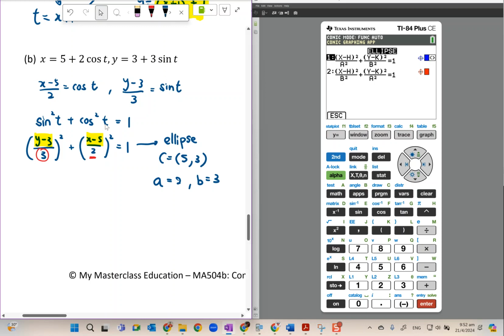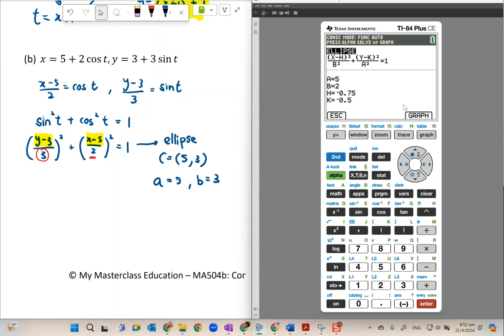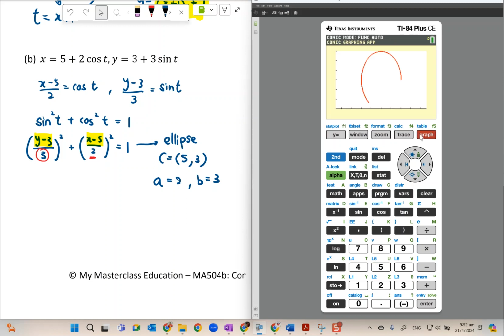But if the denominator of the y is bigger than the denominator of x, I have to choose the second one here, which is a tall ellipse. Now I press enter. My a, what is a? The denominator of y, so it's 3, it's not 9. So it's 3, and my b is the denominator of the x, which is 2. My h is the center, 5, and then the k is 3, and then when I press graph, there you go, it will look like an ellipse.